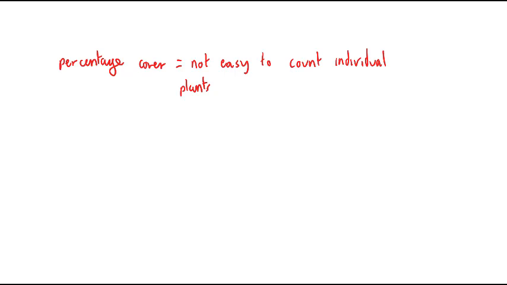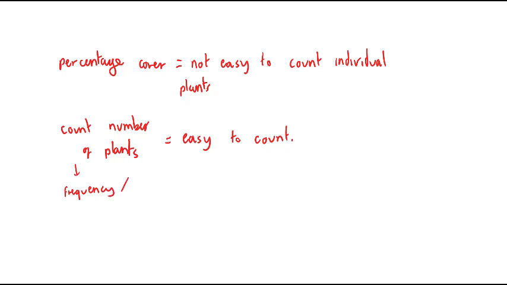So that's why sometimes we use percentage cover. But what we can also do is just count the number of plants. So pretty much, if it's easy to count them, you use that. Now that's sometimes called frequency or density.